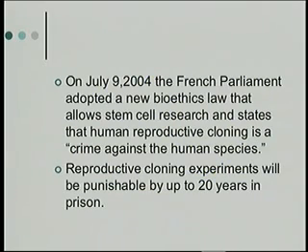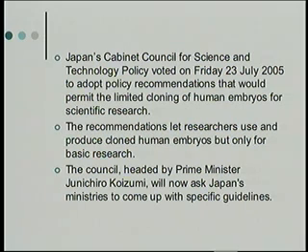Reproductive cloning experiments will be punishable by up to 20 years in prison. And more recently, less than a week ago, the Japanese essentially passed a similar resolution, which now they are going to develop the operational implications. A policy that recommended that stem cell research should be allowed, but not reproductive cloning.